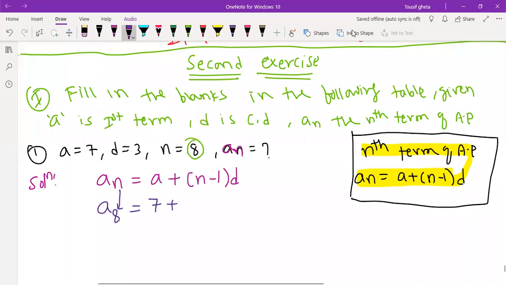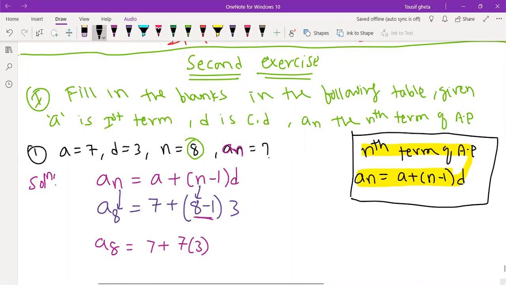Correct now? n is equal to 8, so 8 minus 1. d is equal to 3 they gave. So we wrote 3. So a8 is equal to 7 plus 8 minus 1, we will get 7 into 3.